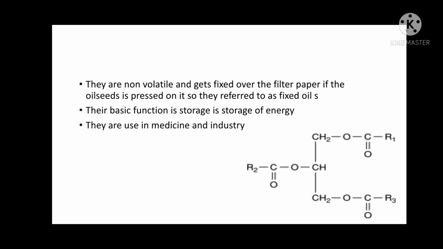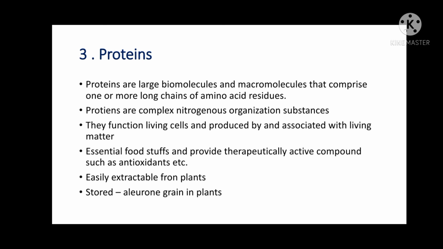Third example, proteins. Proteins are large biomolecules and macromolecules that comprise one or more long chains of amino acid residues. Proteins are complex nitrogenous organic substances.